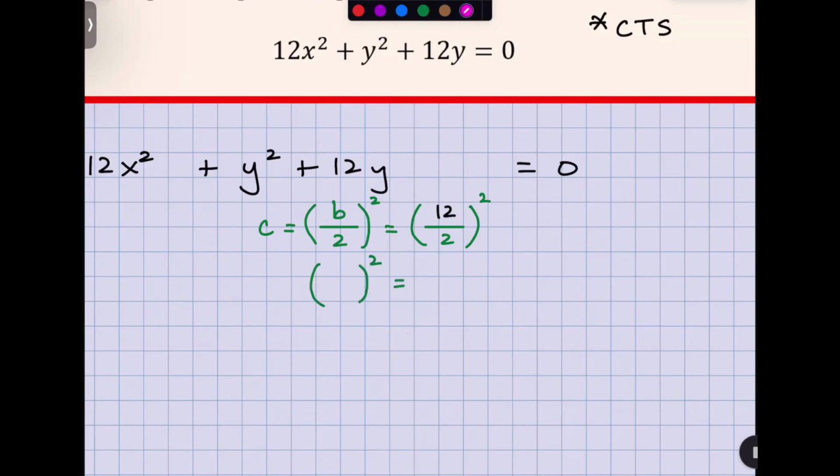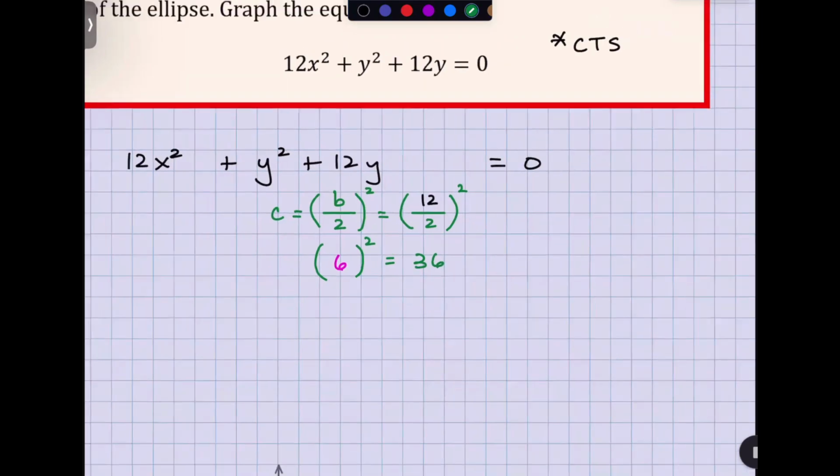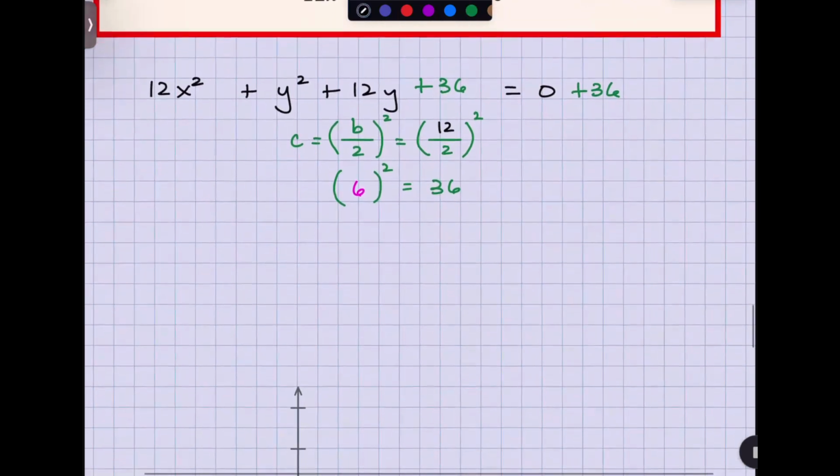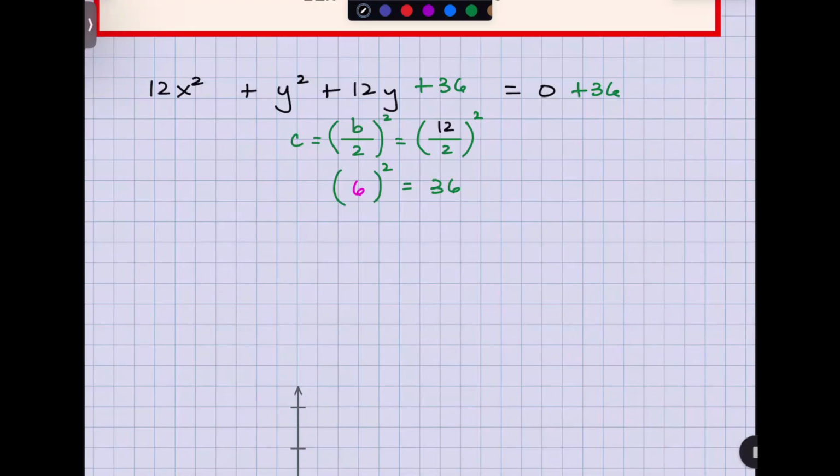And it's going to be 6 squared, and that's going to equal 36. Agreed? We're okay there? So that means I'm going to add 36 to this side and add 36 to this side. Yes? Question so far?